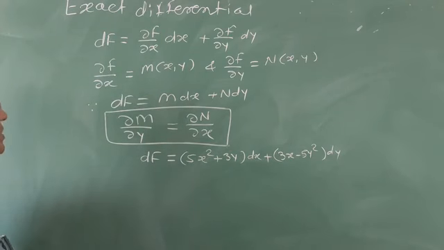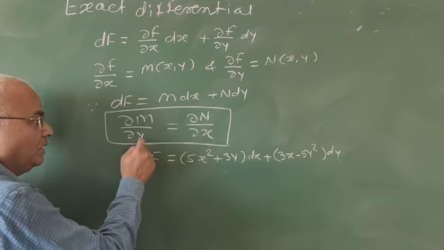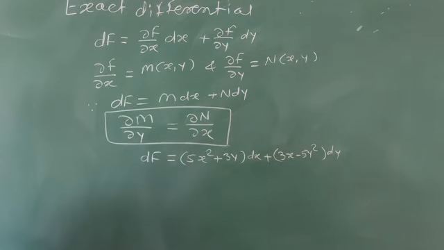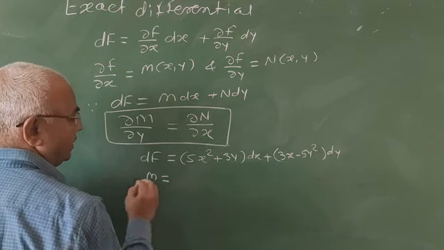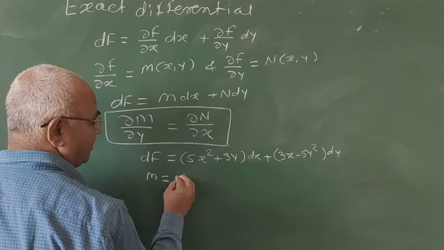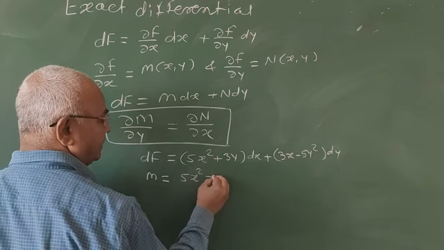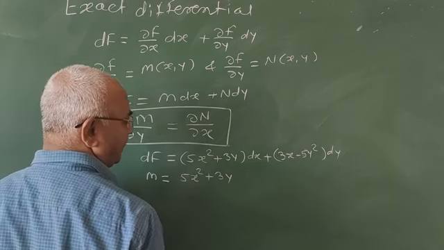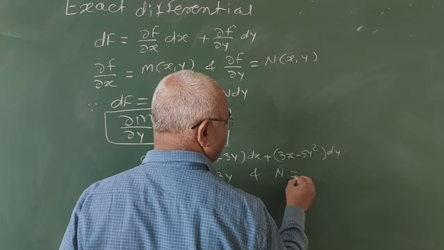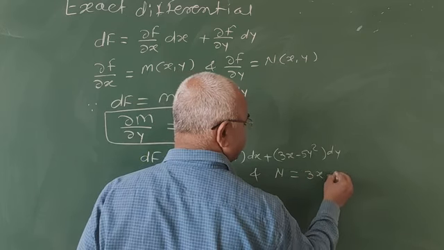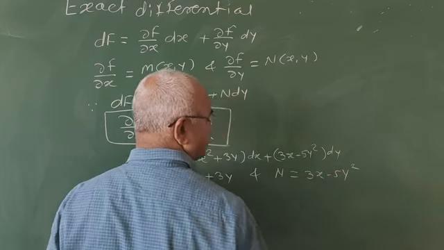To show this, we have to show this condition. That means, on comparison, we have M is equal to 5x² plus 3y and N is equal to 3x minus 5y².